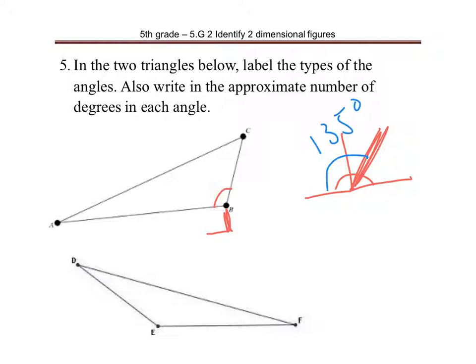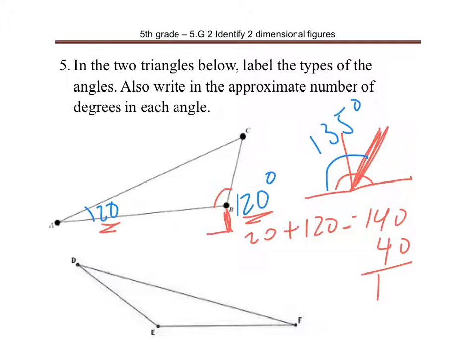You can see it's less than that, so let's say that that one is 120 degrees. Now here's a very acute angle, so let's say that is perhaps 15 degrees, or 20 degrees. How much is left? 20 and 120 is 140. Altogether, they have to add up to 180. So this one would be 40.